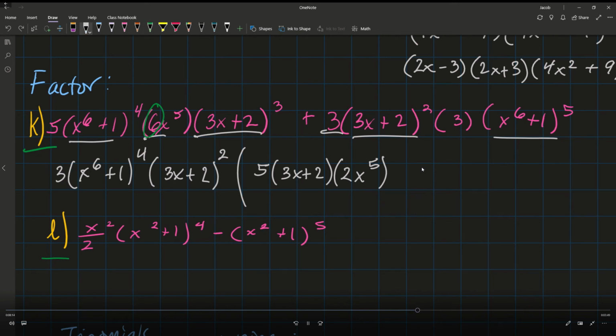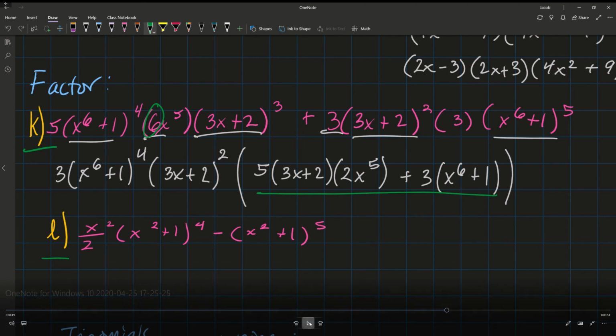And then in the next term, I've factored out just one of the 3's, so I leave a 3. And then my 3x plus 2 squared is not present because I factored that completely out. But one of the x to the 6 plus 1's is left over. And that would be how I would have to leave that answer.